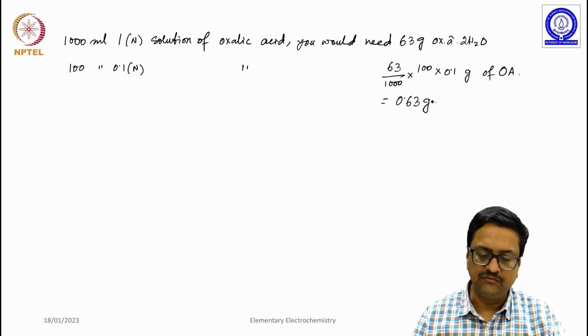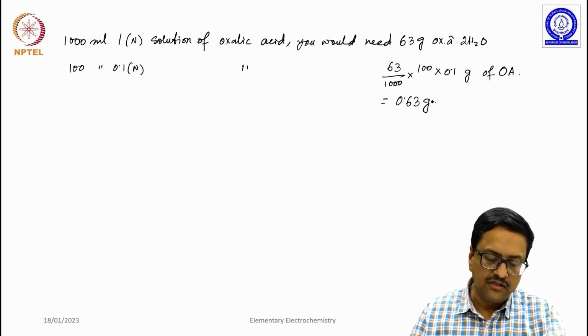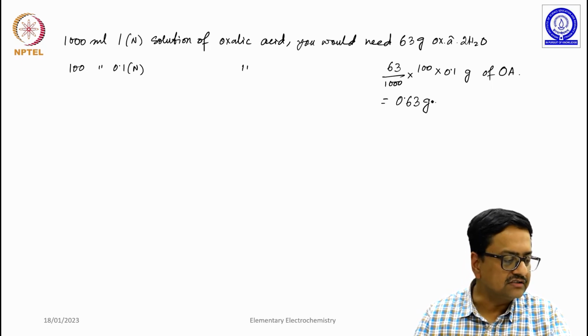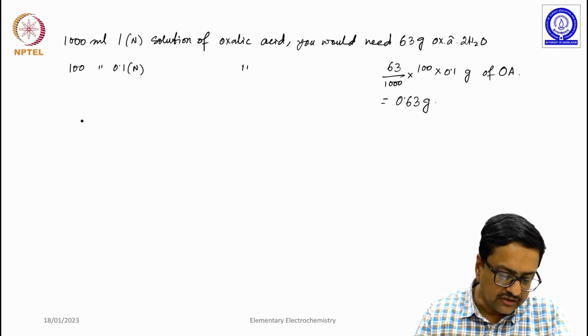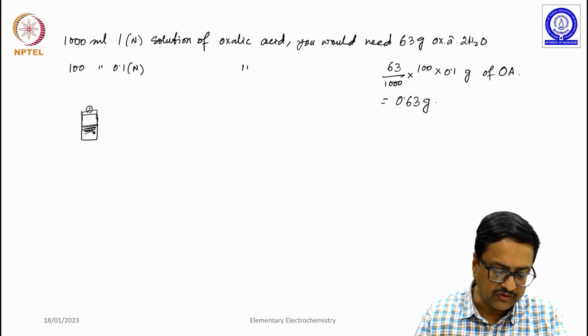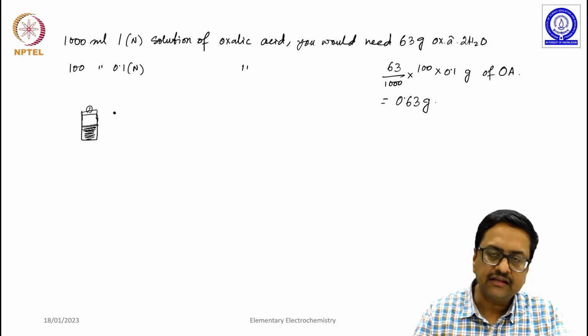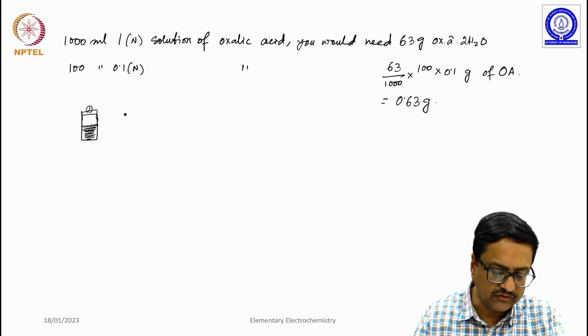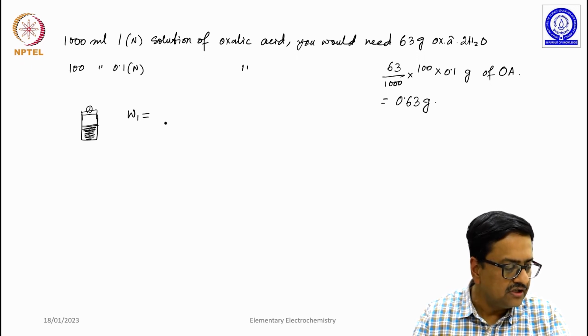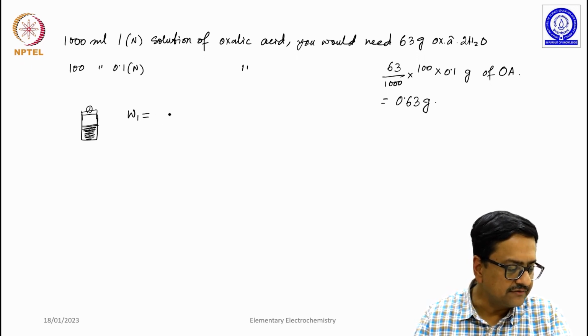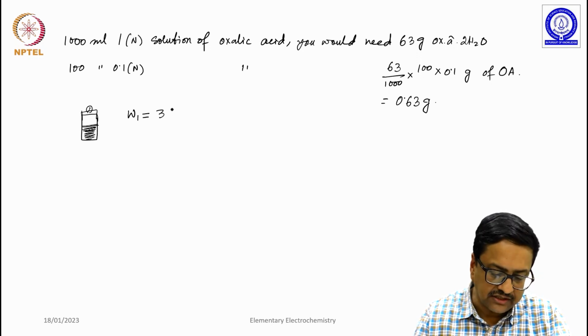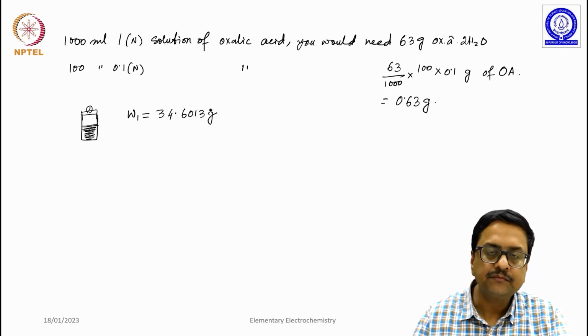Now, if you remember, we used a weighing bottle to do the weighing of oxalic acid. We took the weighing bottle with a lid containing some oxalic acid and took its mass, that W1 we observed during the experiment, which was 34.6013 gram.